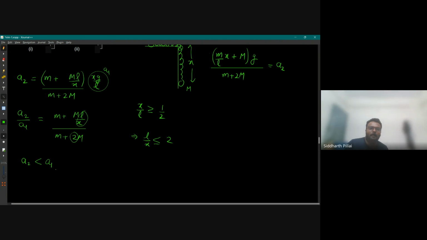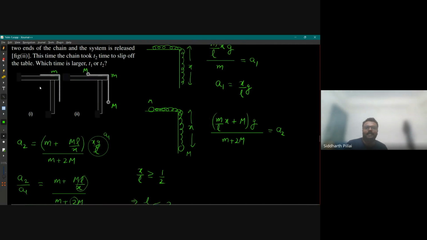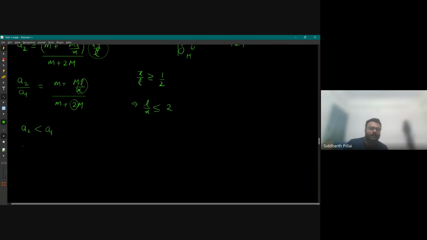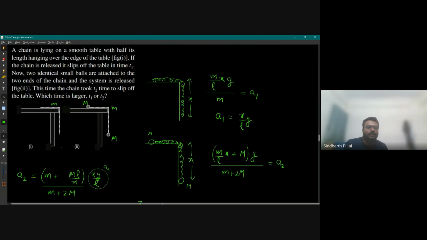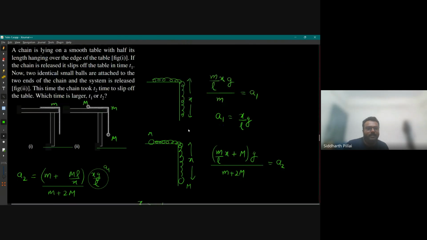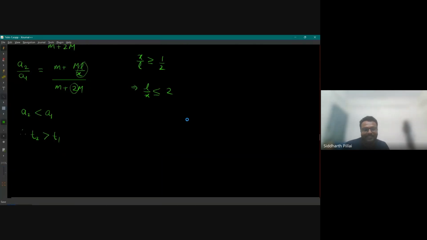Acceleration in the second case would be less than the acceleration in the first case. So what can you say about the time? T2 will be greater than T1, right? If it has to fall through the same distance, more acceleration means less time. So which one is larger? T2 is larger.